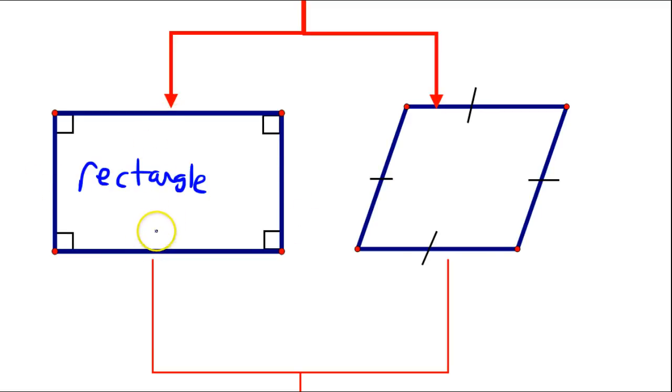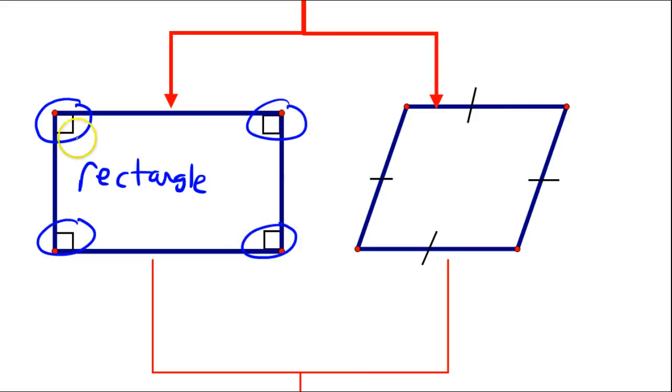That does make it a parallelogram. What makes a rectangle special is that it's a parallelogram, but it also has these 90-degree angles. So if you see 4 right angles, then you know it's going to be a rectangle.